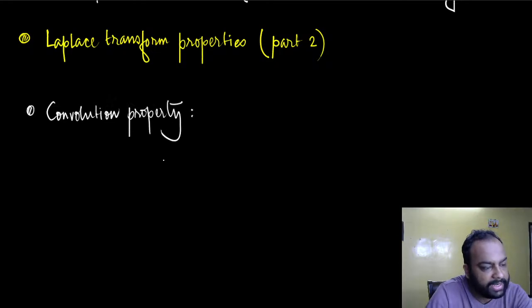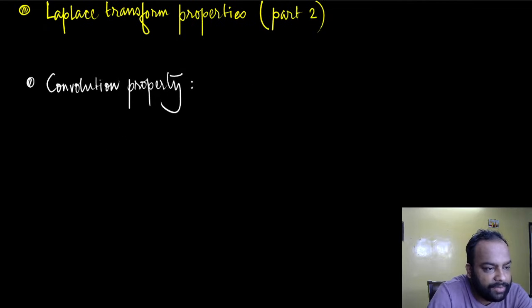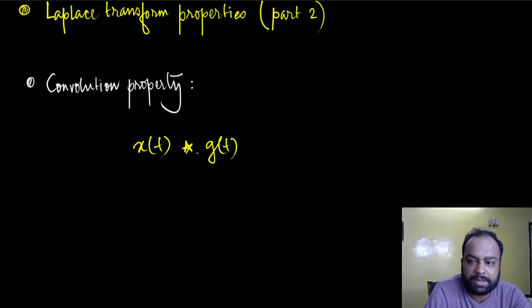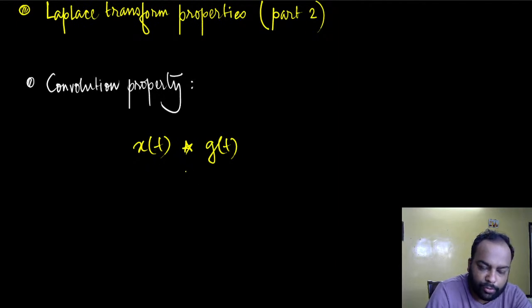Essentially it tells me that if there are two signals, say x(t) and g(t), and we convolve them, what is the convolution? If g(t) is the impulse response of a system and x(t) is the input to the system, then this convolution produces the output.